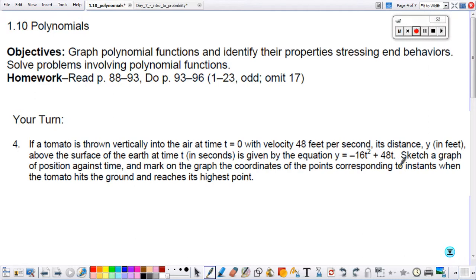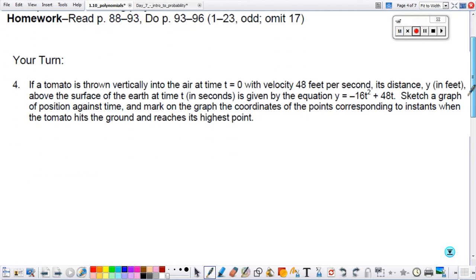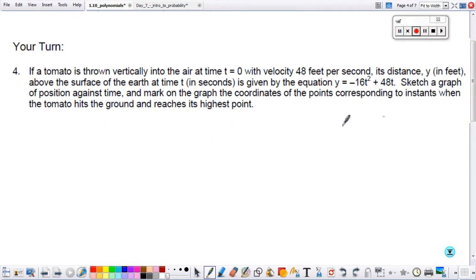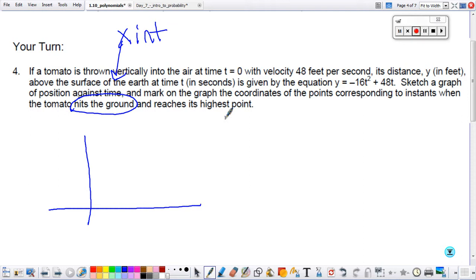Okay, so you try number 4. Hits the ground is an x-intercept, and the highest point is going to be the vertex.